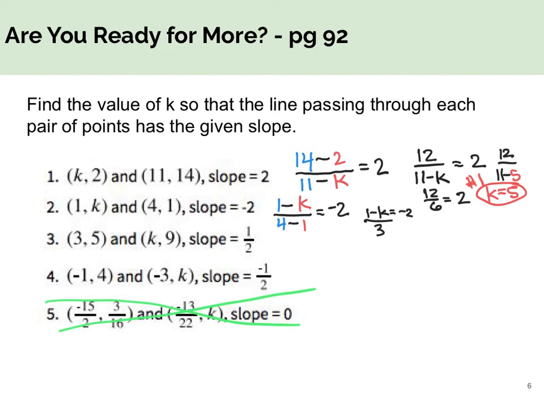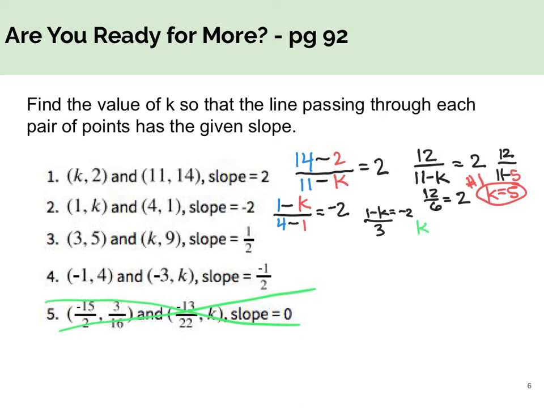So again, I need a number that will go in for k, that if eventually I'm going to divide it by 3, it's going to equal negative 2. So let's think about it. I need a number that I can take, divide by 3, and eventually that number is going to equal negative 2.